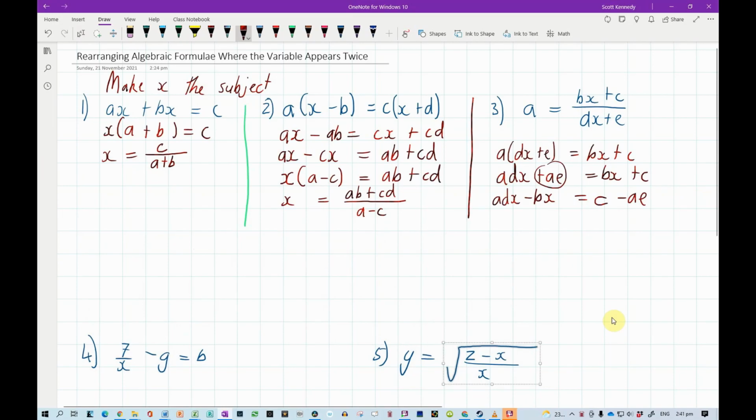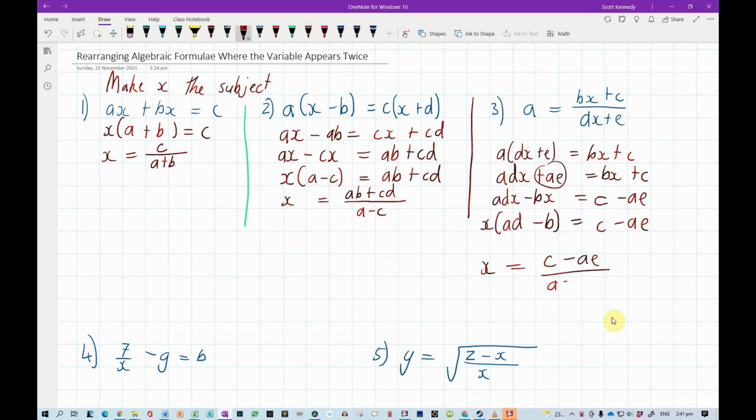Now I will factorize that side, so I get x into ad minus b equal to c minus ae. Now to get the x by itself, I'm going to divide that bracket on both sides, so I get c minus ae all over ad minus b.